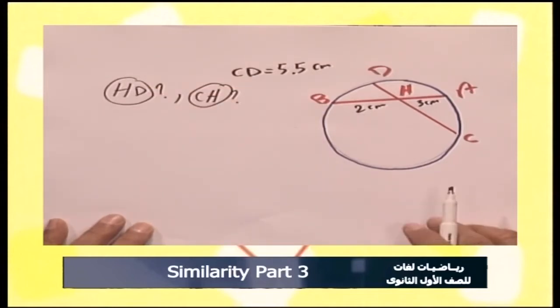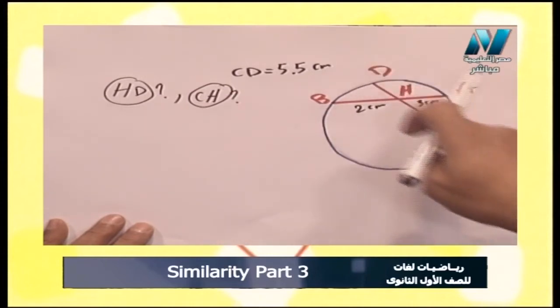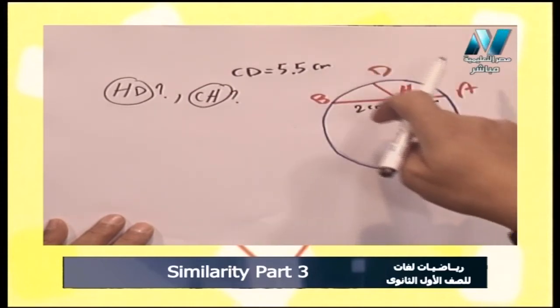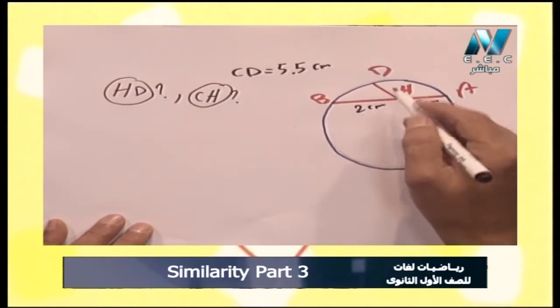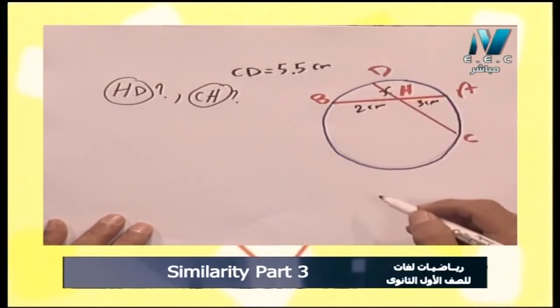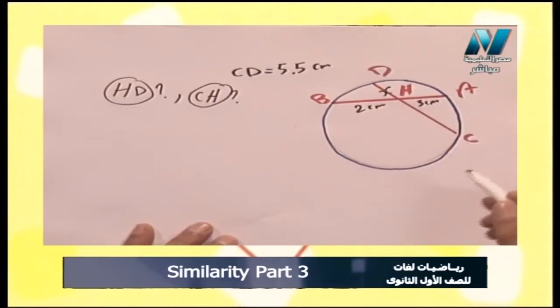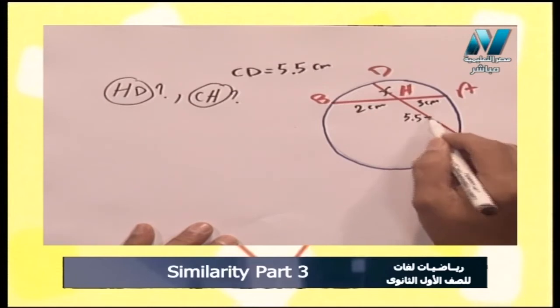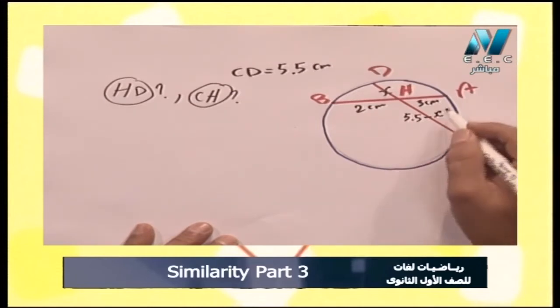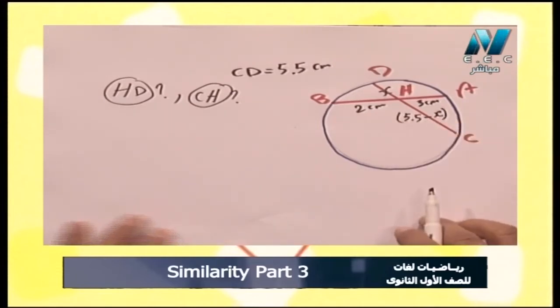What do we do now? We have also DC totally. We can suppose that DH equals X. So the length of HC, yes, I am hearing you, is 5.5 minus X. It's easy for you, my beloved students.